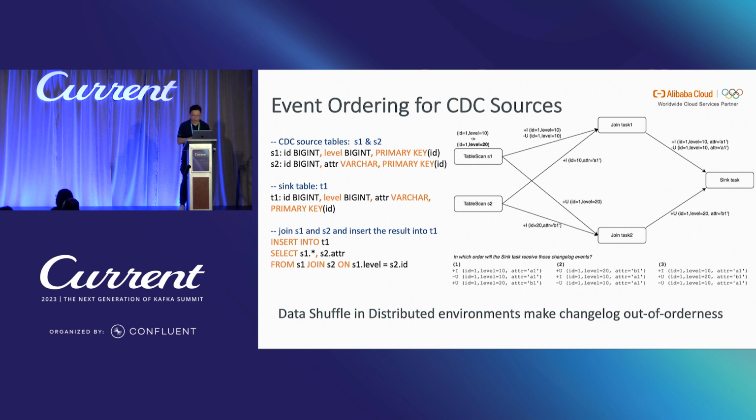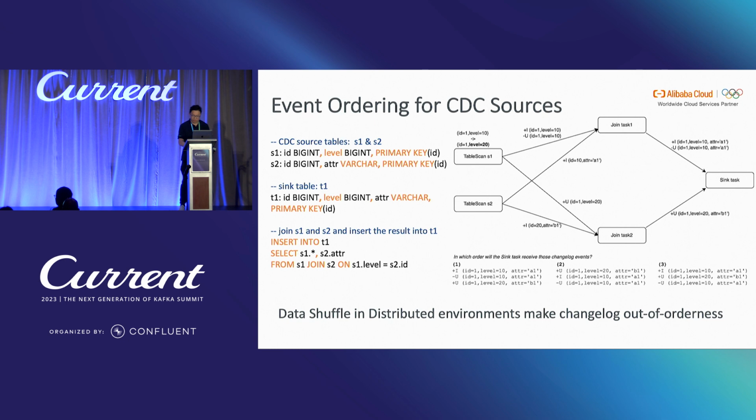Then at time T1, the row is updated to ID1 and level 20. This corresponds to 3 split events. The first event is insert ID1 level 10, the second is update before ID1 level 10, and another is update after ID1 level 20.